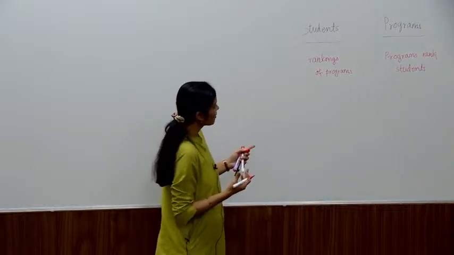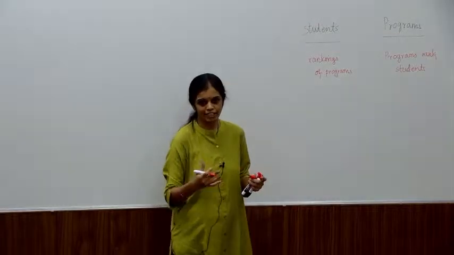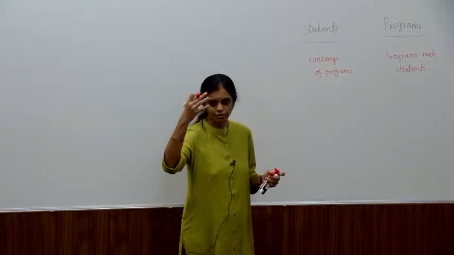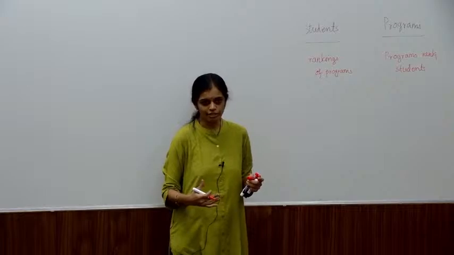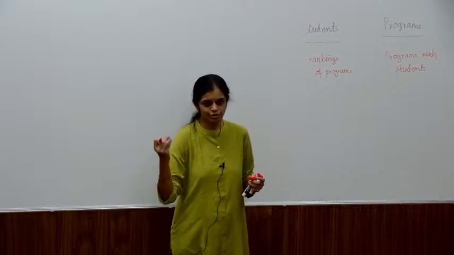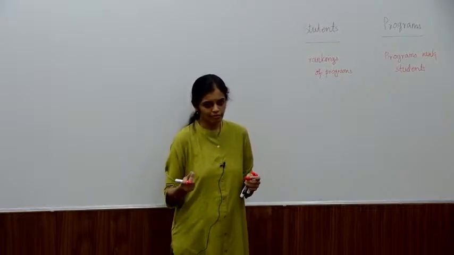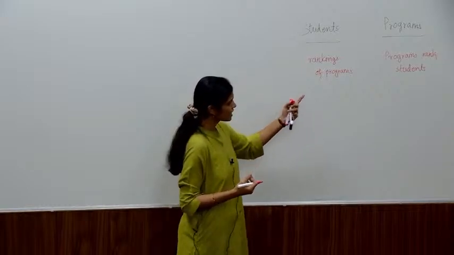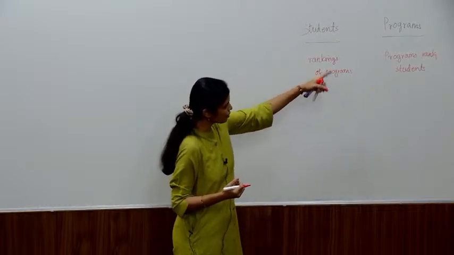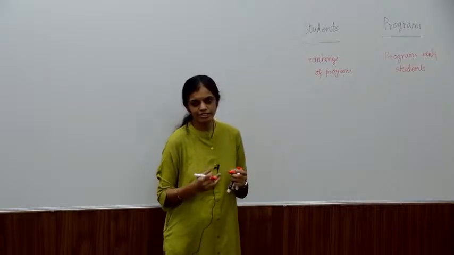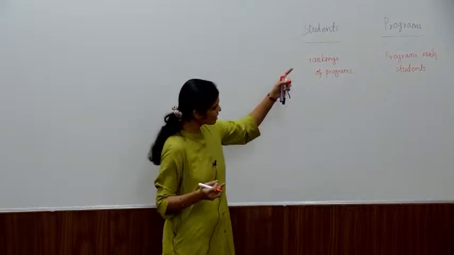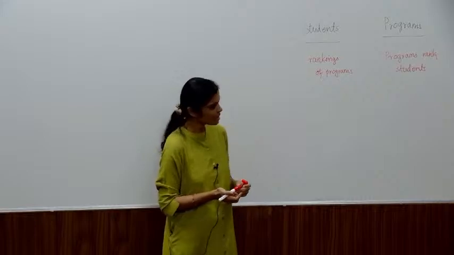But the crucial point is there is no consistent ranking of all the students. For example, you cannot draw one ranking of all the students and say, just consider the students in this order and allot them their choices, right? That cannot be done, because different programs rank students in different orders. In particular, in this example, two rankings are used.